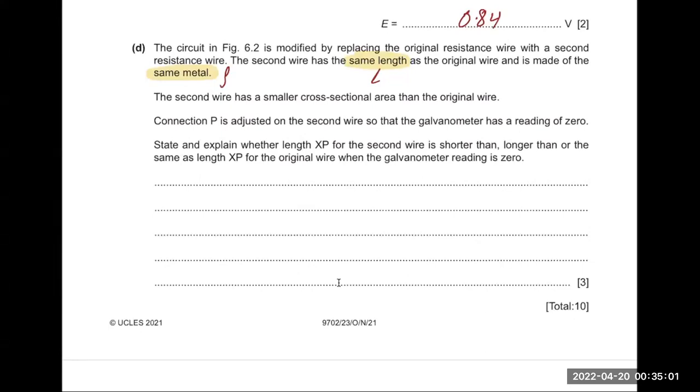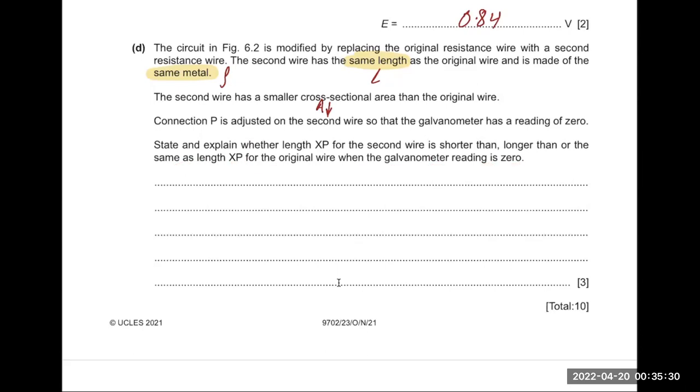The second wire has a smaller cross-sectional area. Connection P is adjusted on the second wire so that the galvanometer has a reading of 0. State and explain whether the length XP for the second wire is shorter, longer, or the same as the length XP for the original wire when the galvanometer reading is 0.